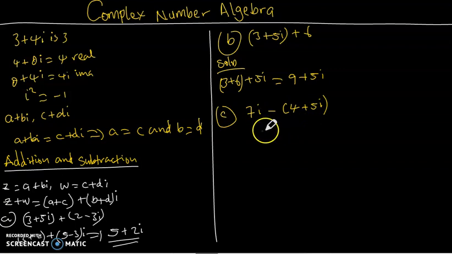So it is simply 7i, like we have here, minus 4 minus 5i. So this will mean that 7 minus 5, we have minus 4 plus 2i, because we need to arrange it, you know, we have the real part before the imaginary part.